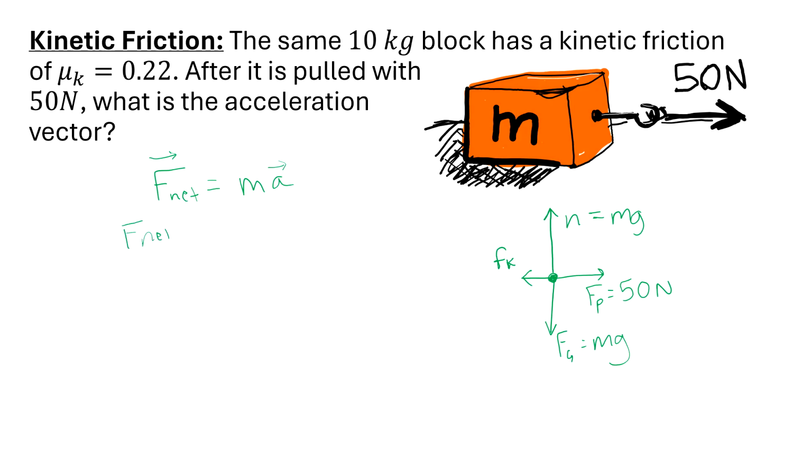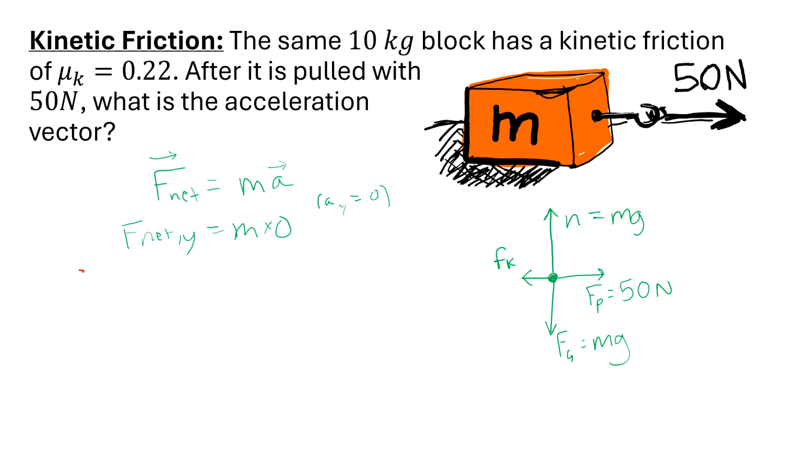F net y is going to be the same conclusion, mass times 0, because ay is actually 0. There's no way that the block is moving up or down, or else it would be flying in the air, or it would be digging its way into the table. It's not doing that, and so there's no y acceleration, and so the acceleration vector is only going to have an i hat and no j hat component. So that's half our problem, isn't it?